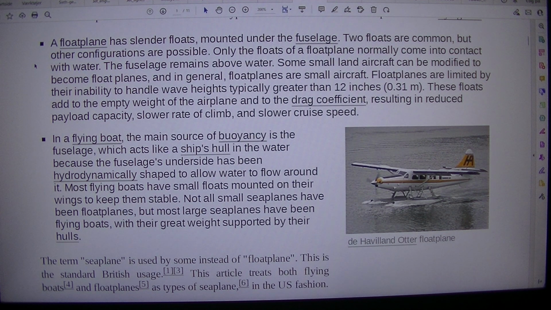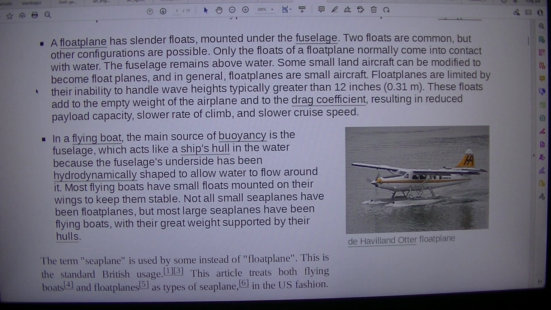Some small land aircraft can be modified to become floatplanes, and in general, floatplanes are small aircraft. Floatplanes are limited by their inability to handle wave heights typically greater than 12 inches, 0.31 m. These floats add to the empty weight of the airplane and to the drag coefficient, resulting in reduced payload capacity, slower rate of climb, and slower cruise speed.